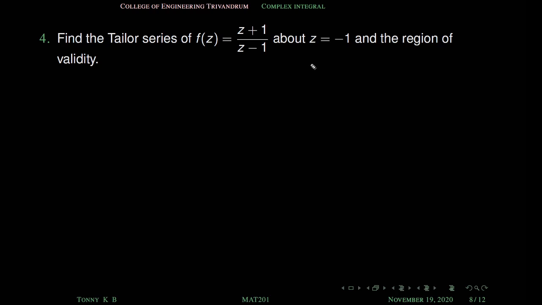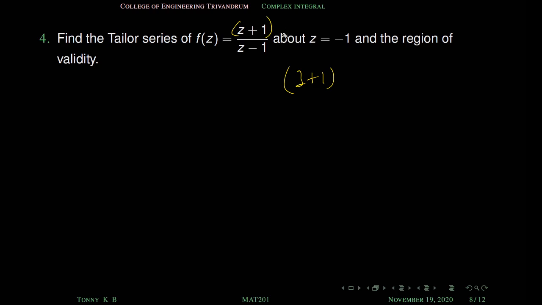The terms contained in the series are z plus 1 and its powers, right? The series should contain only terms of the form z plus 1 and its powers. In the numerator there is a term z plus 1, so we don't need to alter this term because it is allowed.